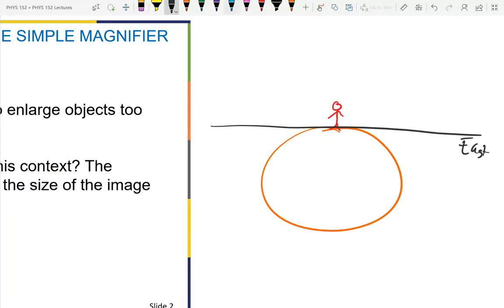So she sees the sun rising, so the sun is right here. But that's where she sees it. Where is it really? It's a little bit lower. In reality, the sun's going to be somewhere like here.